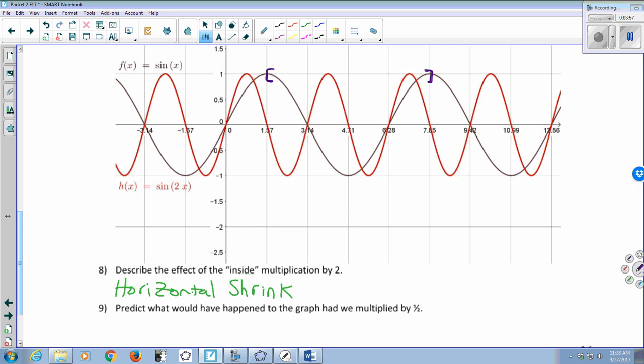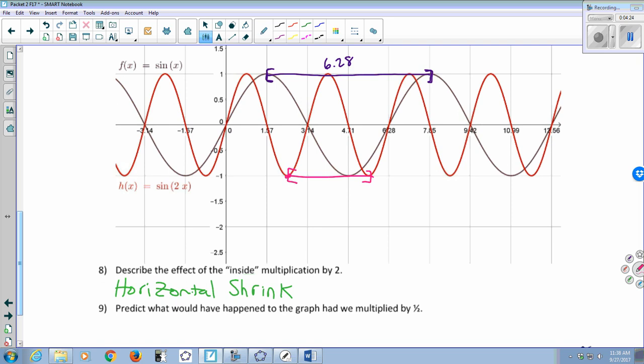Get my calculator here. 7.85 minus 1.57 is 6.28. So my distance from peak to peak on my original graph was 6.28. And then if I look at a distance on my new red graph, I'll do a min to a min, here to here.